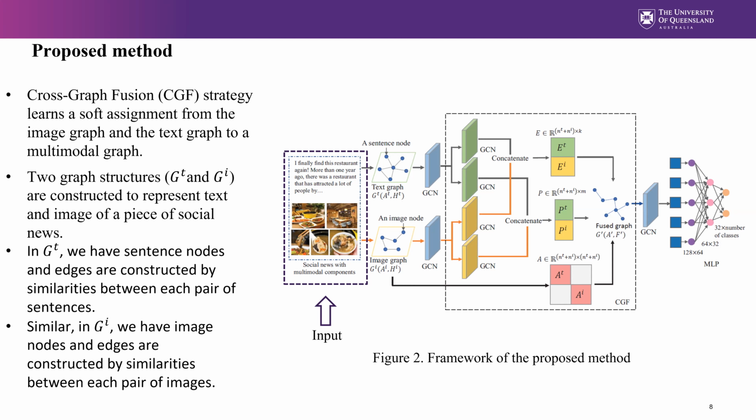After the embedding of the first GCN layers, the text graph and the image graph are fed into the proposed cross-graph fusion model. The output is a fused graph structure representing the multimodal graph. This graph is fed into a GCN layer followed by a classifier for decision making. The authors use the cross-entropy loss.